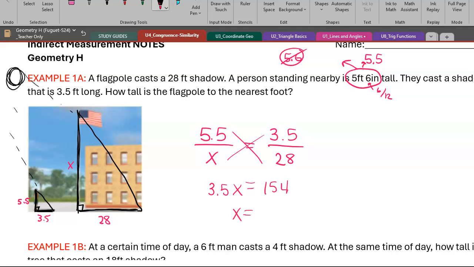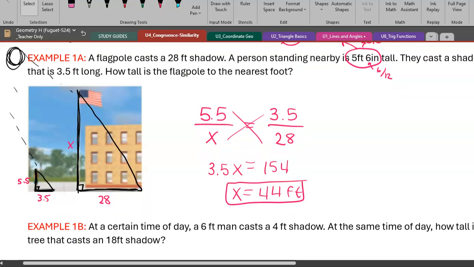Divide by 3.5, and this gives us 44 feet. Let's add that unit on so that the number means something. That is the height of our flagpole. So, both are casting shadows, set up proportions, and solve.